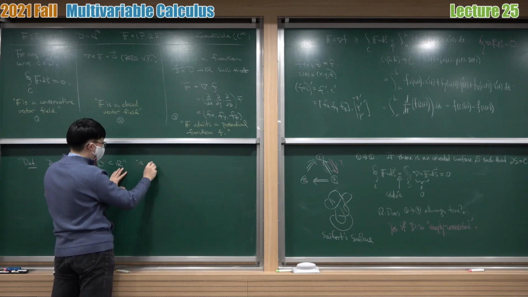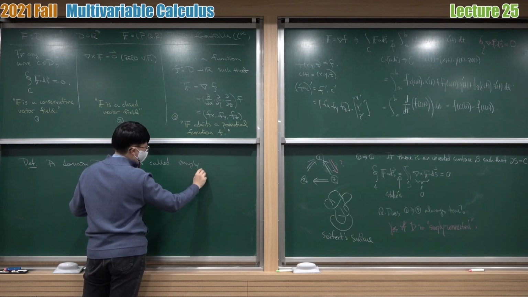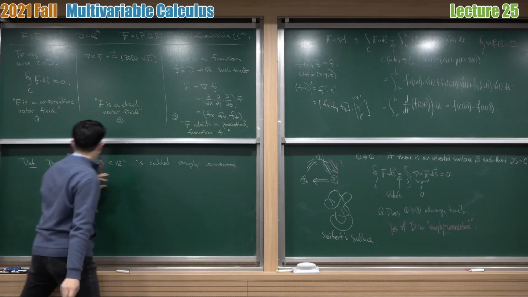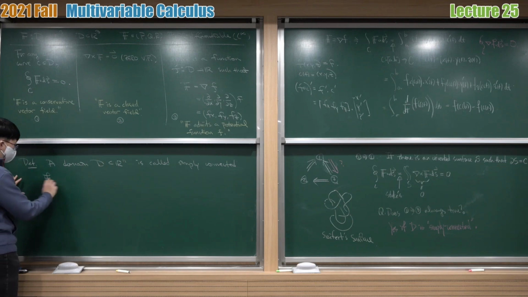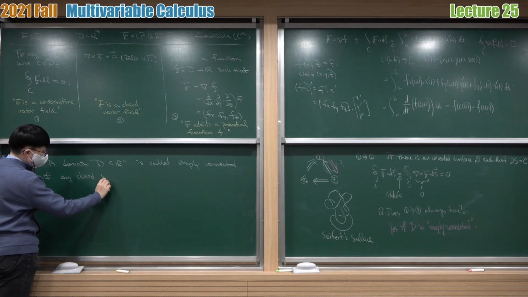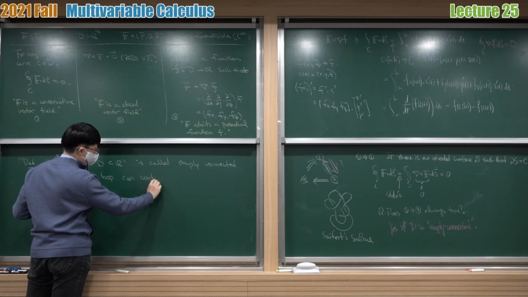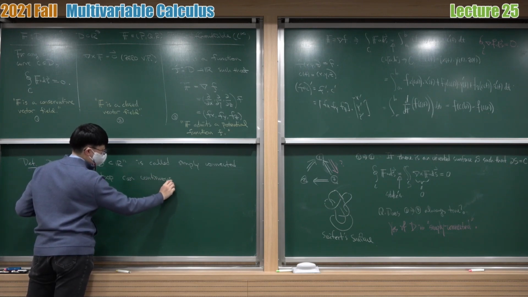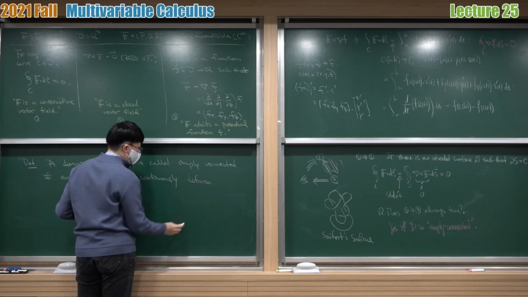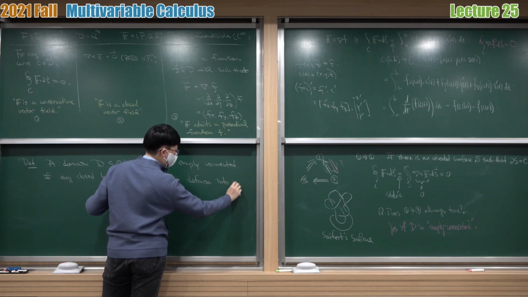It is called simply connected if any closed loop can continuously deform into a point.